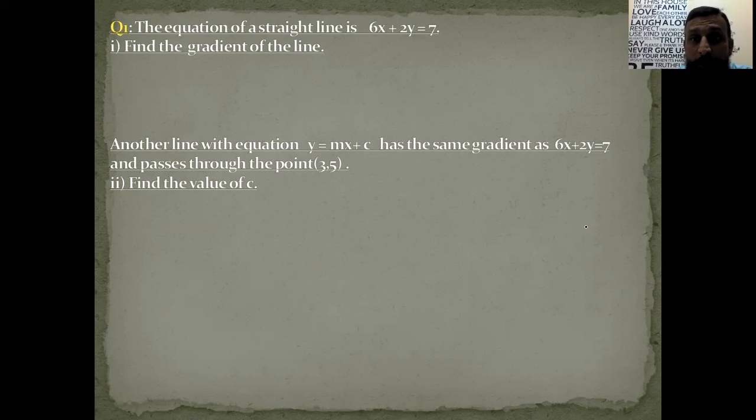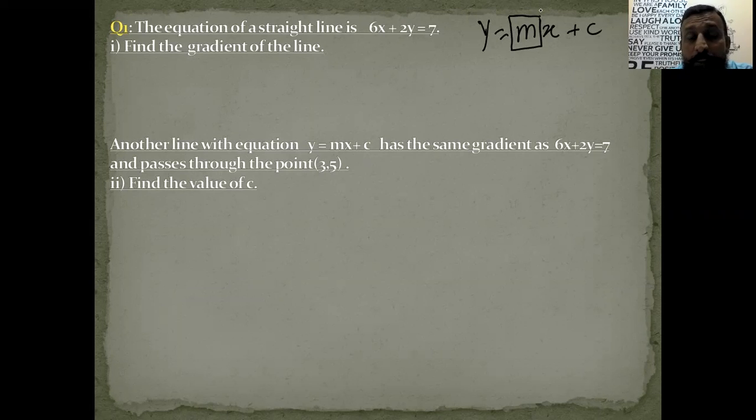We know that the equation of a line is y equals mx plus c. Now, in this, the coefficient of x is m. What is m in this equation? It's the coefficient of x.